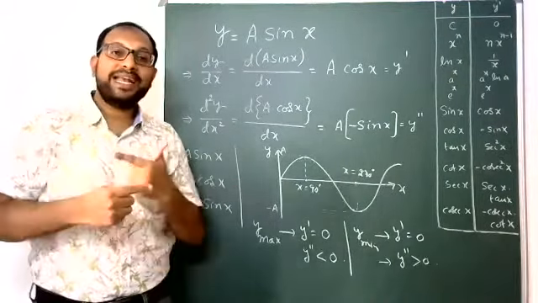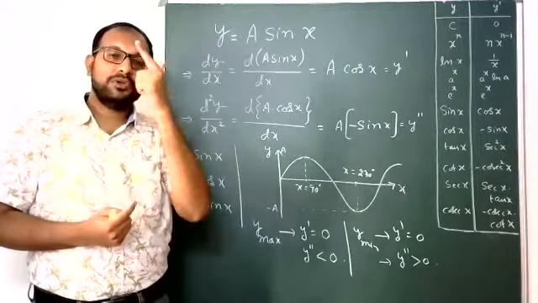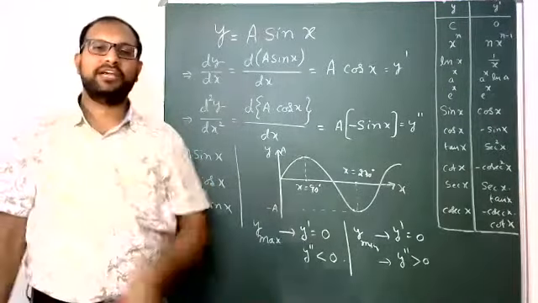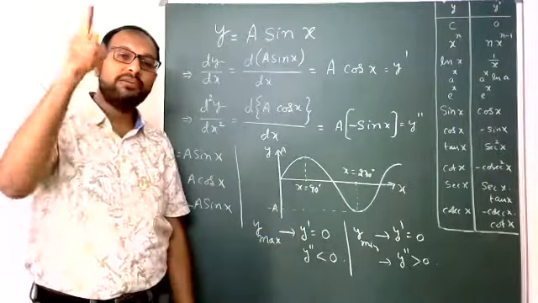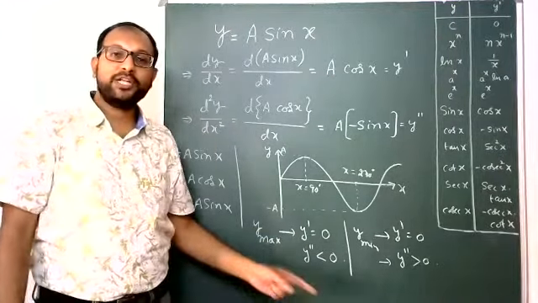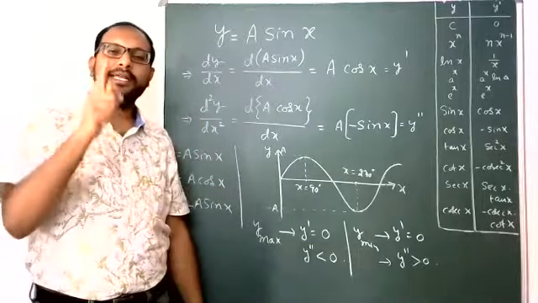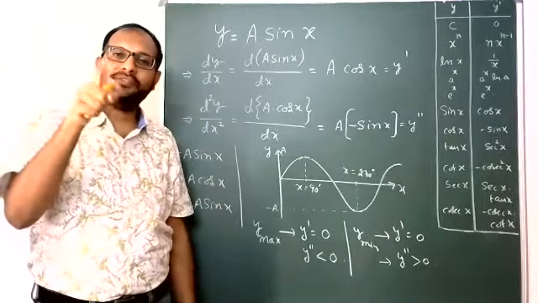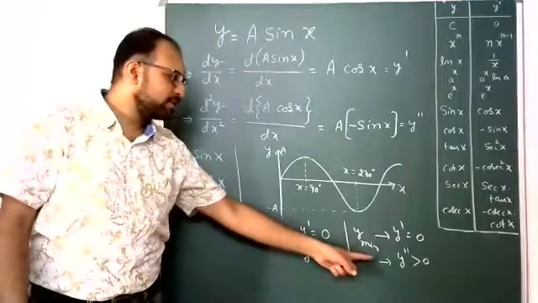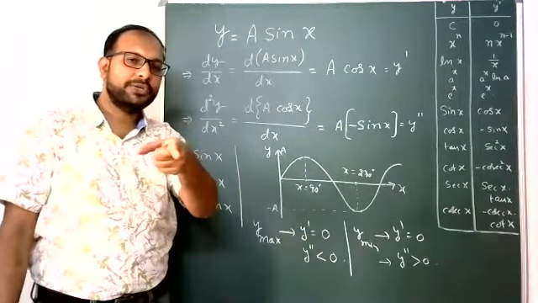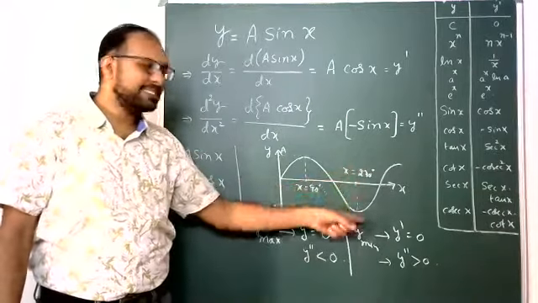But how do you finalize maximum or minimum? That's why second derivative is required. In the second derivative, suppose at the same value of x, second derivative is negative. Definitely at that value of x, y will have maximum value. Suppose second derivative is positive, definitely y has a minimum.